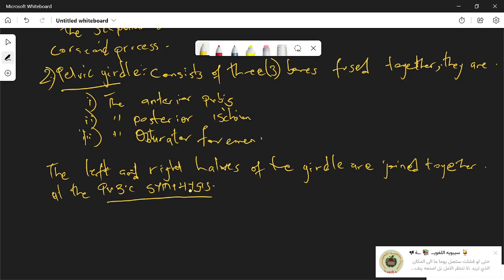Now, the bone of the leg, the lower limb, is the femur.